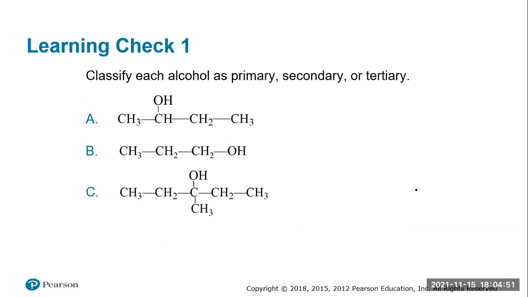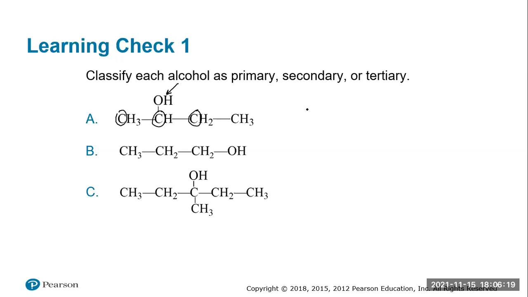So take a second here and let's go with the classification. Are these primary, secondary, or tertiary? Okay, so again, always the carbon that has that OH group attached is what we're looking at. Directly attached to this carbon is one carbon, two carbons.